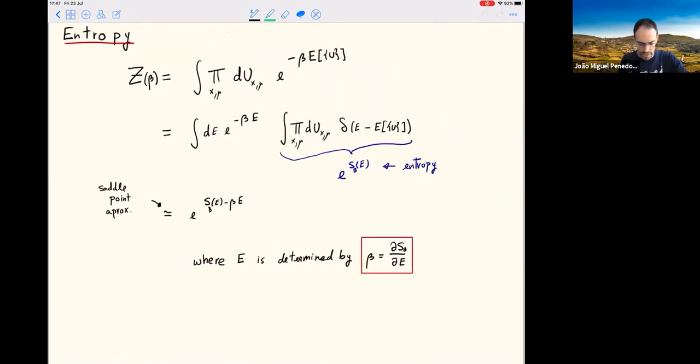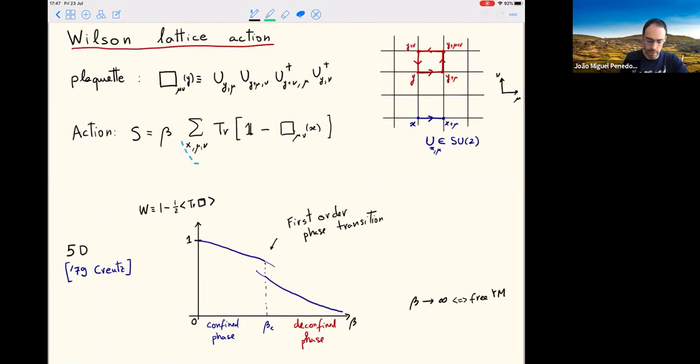The idea is that here I'm writing the partition function on the lattice. This should be the Euclidean action, and I'm writing it as beta times E in analogy with statistical mechanics. It's clear that E here would be just this quantity, which is what I'm calling the energy.